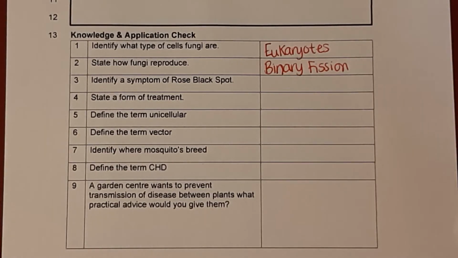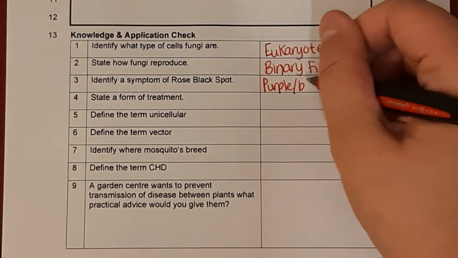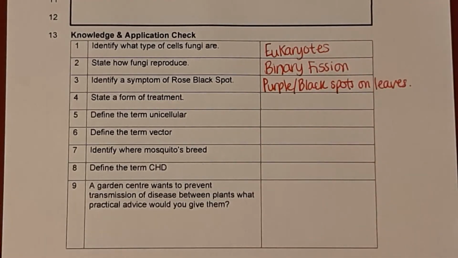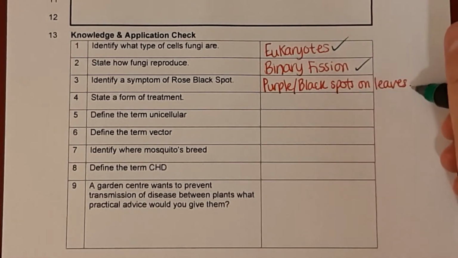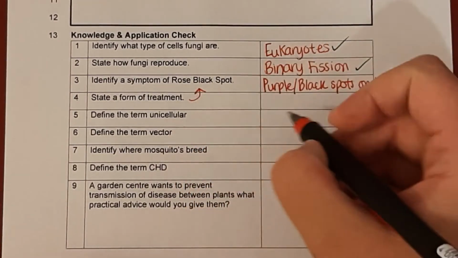Identify a symptom of rose black spot. Purple or black spots on the leaves. Make sure you're marking these in another colour to make it clear what you've got marks for and what is being corrected. Question 4. State a form of treatment for rose black spot.